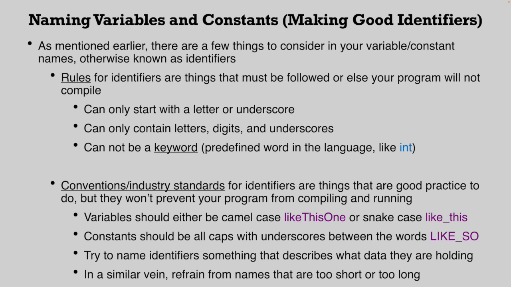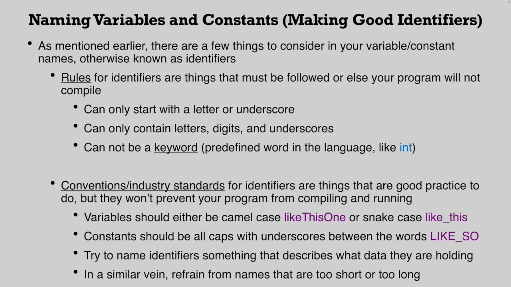Your name can only start with a letter or underscore. It can only contain letters, digits, and underscores, and it cannot be a keyword. And a keyword is a predefined word in the language, like int that we've talked about.